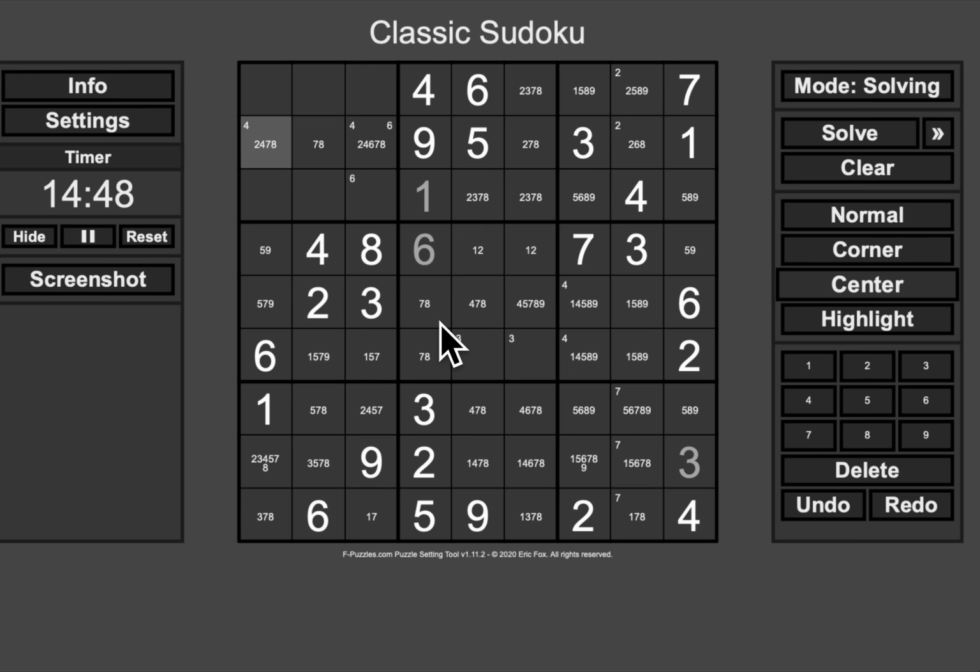Wow, this one's a lot harder than I thought. Let's see, there's a 9 there and a 9 there. These corner mark cells here is definitely a 9.